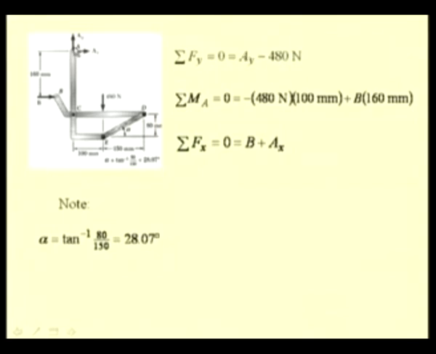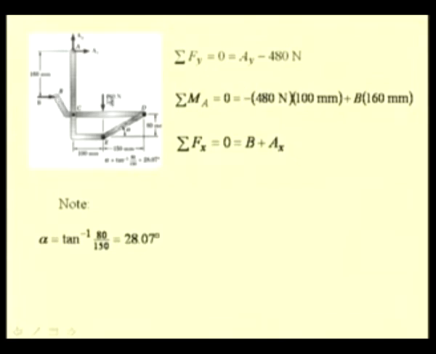We can conveniently use the moment summation about this point A, because these two unknown forces AY and AX are concurrent at A, and the equation can be used to find this force at B.